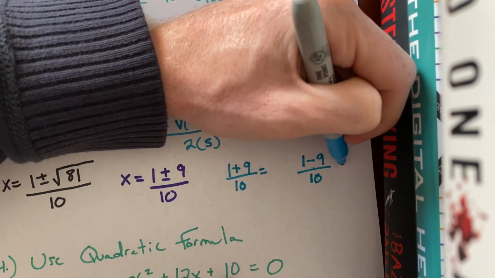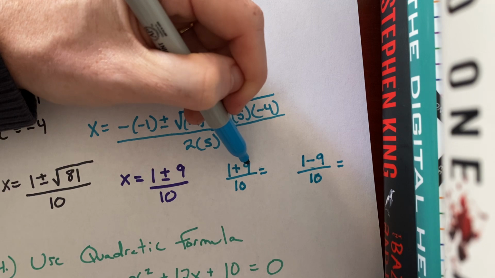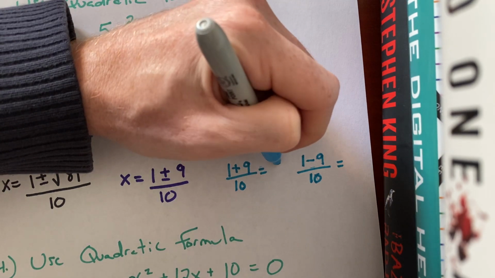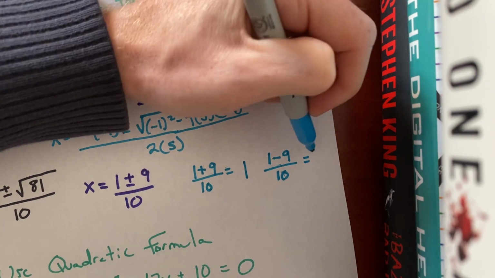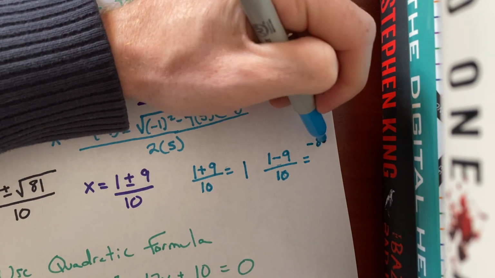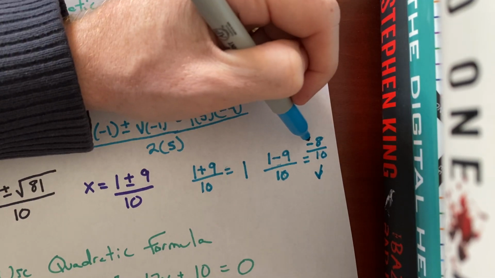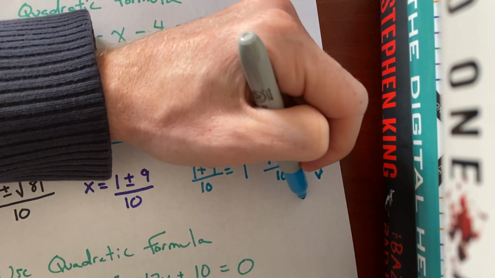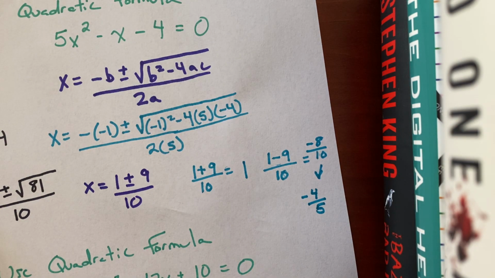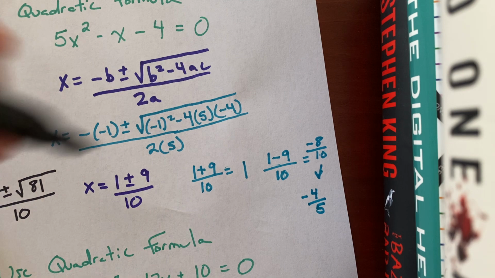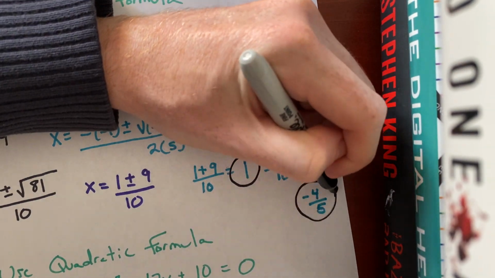And then I just have to do a little bit of math here to figure out what my two solutions are. 1 plus 9 is 10. 10 divided by 10 is 1. 1 minus 9 is a negative 8. Negative 8 over 10, and I can reduce this. I can divide this by 2, and I can divide this by 2, and I get a negative 4 over 5. Those are my two x-intercepts. Those are my two solutions. Make sure you circle them, 1 and negative 4/5.